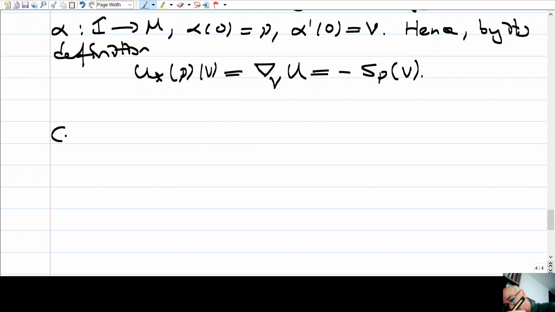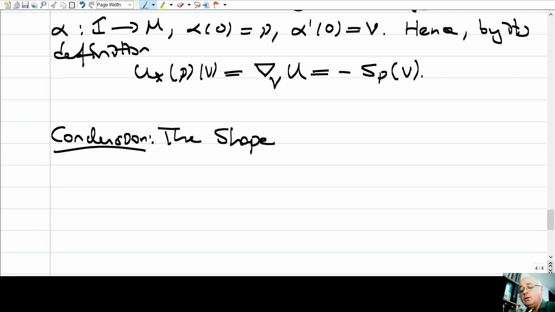So the conclusion is this. The shape operator of an oriented surface is nothing but the derivative map of the Gauss map. Oriented surface means it's an orientable surface, but an orientation has already been chosen. Orientation means choice of u, so u is chosen.